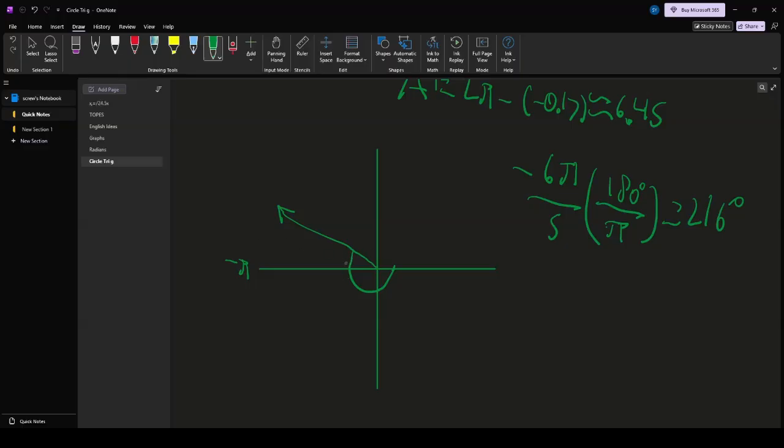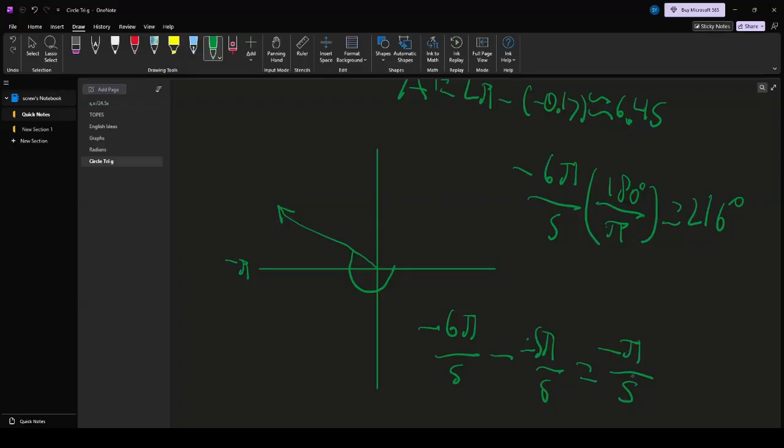So to find this angle, we're just going to do negative 6 pi over 5 minus negative pi, and that just equals negative pi over 5.